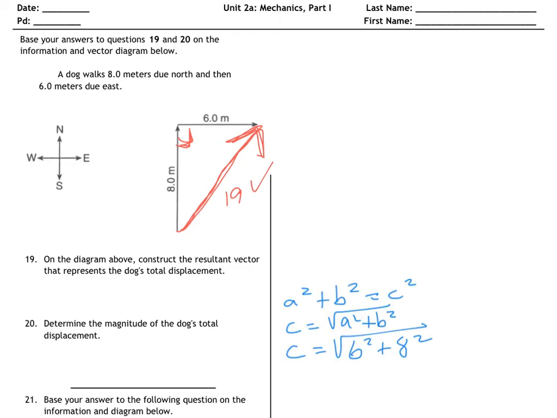So I did a little bit of calculation there, and I got c equals the square root of 6 squared plus 8 squared, and that's going to give me a value of 10 for c, so 10 meters. And here's something that's kind of interesting. I don't know if it's going to help you a lot, but you probably remember from geometry that there's this thing called a 3, 4, 5 triangle.